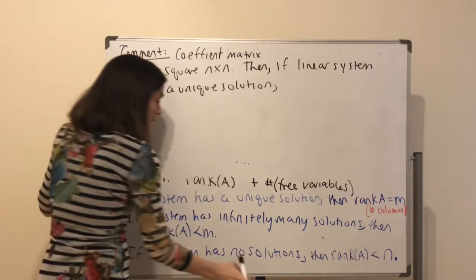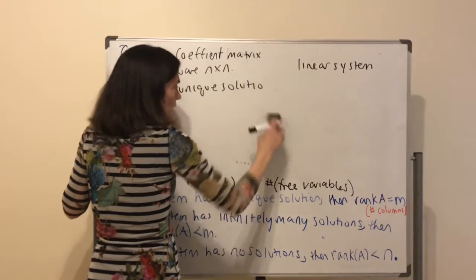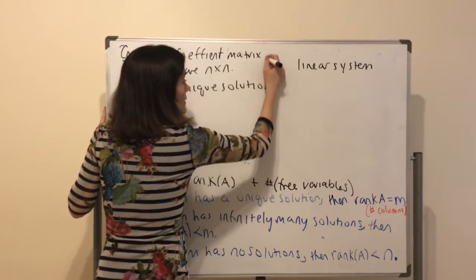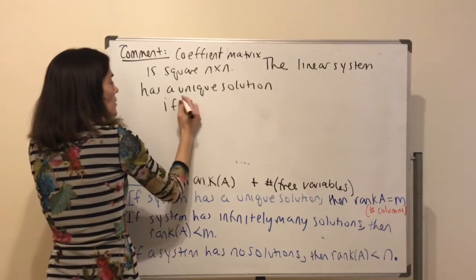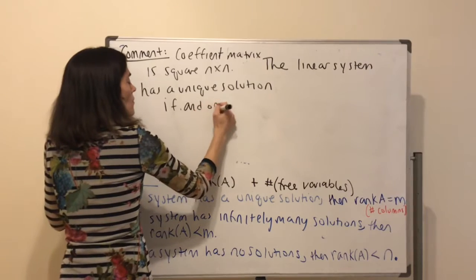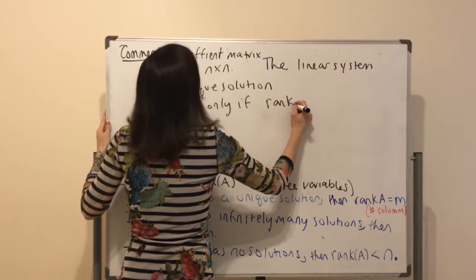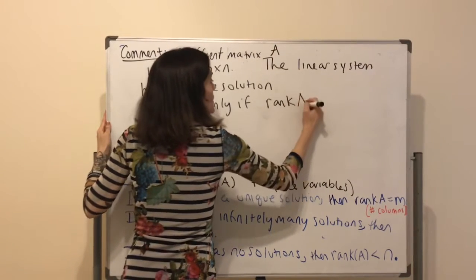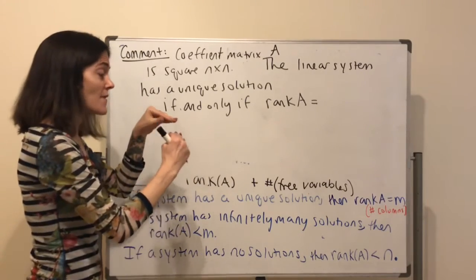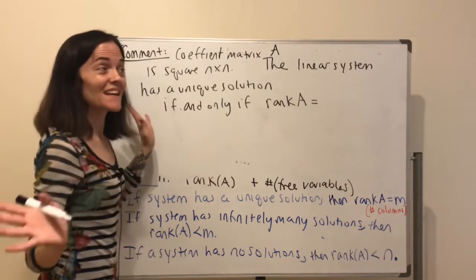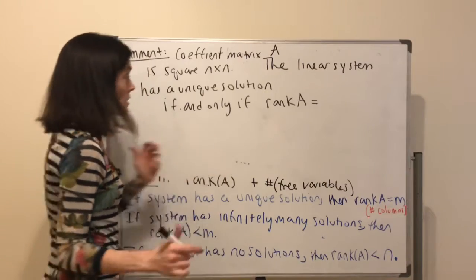well, or maybe I should not do an if-then here. I will just make it a two-way implication, and I will say the linear system has a unique solution if and only if the rank of the coefficient matrix A is, well, here it's n by n, so you will have a leading one in every single row, equivalently in every single column, because the rank is full, so the rank would be n.